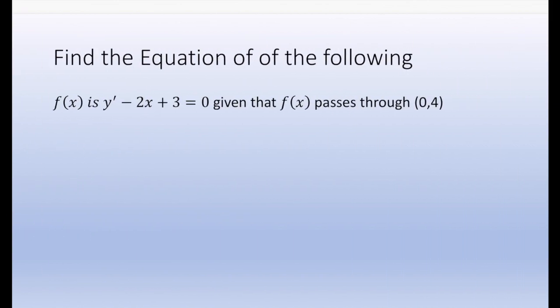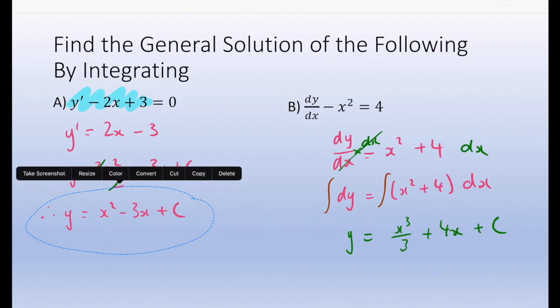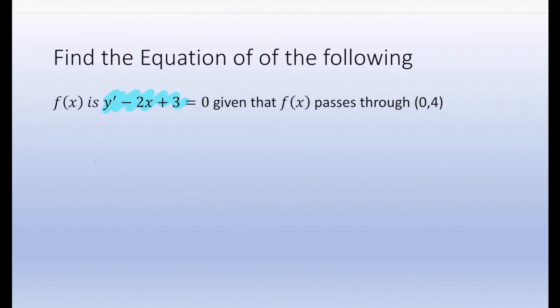All right, find the equation of the following given that this. Now, this should look familiar because it's the same as this one here. So what was the general solution? It was this. So I'm just going to grab it and copy it and paste it here so I don't have to do the work again. I do need to fix this up. Oh, don't need to take away the plus c. So we've got this one that we integrated in the previous example, but we've got a little bit more information. We've got that it passes through 0, 4.